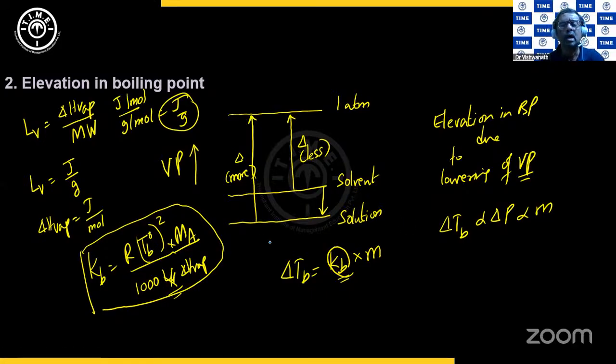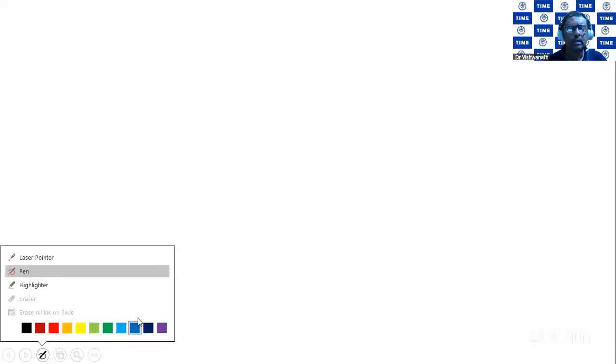Just before we come to this, I would like to show it on an empty slide so that it is clearer. Now, what is boiling point? Boiling point is the temperature at which the vapor pressure of the liquid becomes equal to 1 atmosphere.